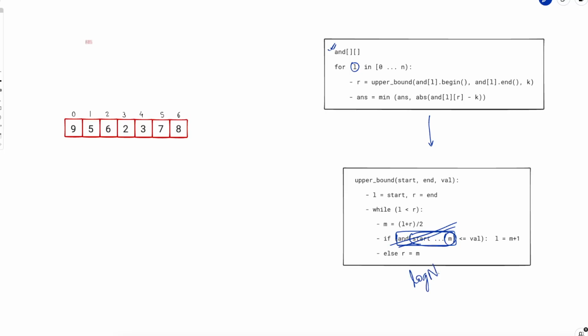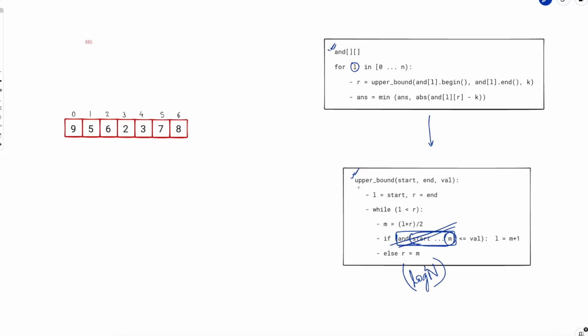and the complexity of the upper bound will become log square n. Why? Because you are iterating over, so this loop will take log n time, and inside this loop previously you were accessing an index of an array, but now you don't have that value, you want that value to be computed, and to compute that value you can use a range query data structure to compute it in log n time.